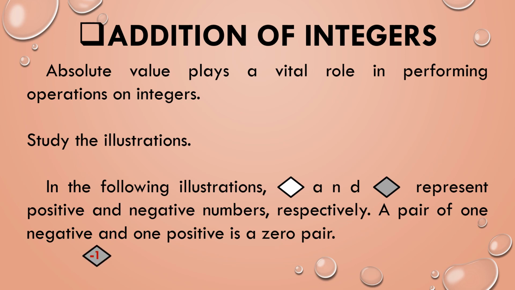So let us assume that gray is for negative 1 and white is the positive 1. So kapag pinag-plus natin ang 1 at negative 1, the answer is 0 or it is a zero pair.